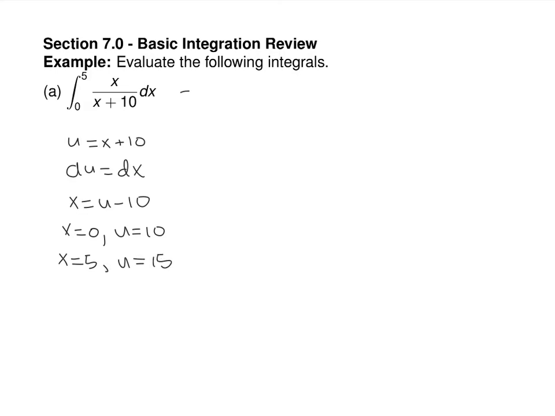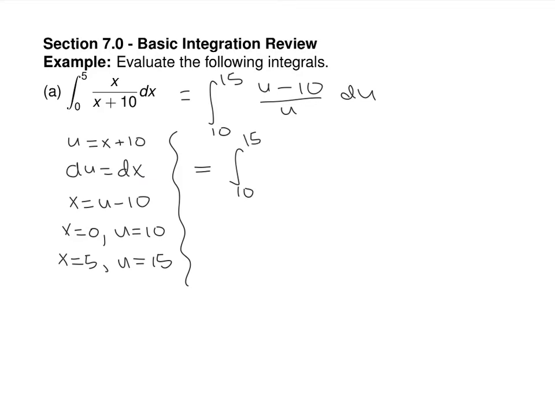So this becomes the integral from 10 to 15 of u minus 10 over u du. And so now divide both terms in the numerator by u, and we'll have 1 minus 10 over u. So that's u minus 10 natural log absolute value of u, evaluated from 10 to 15.